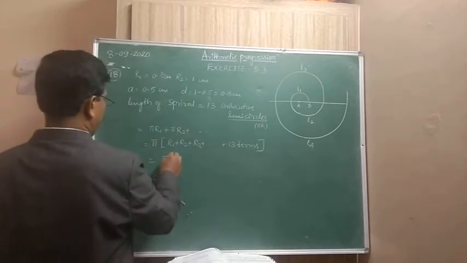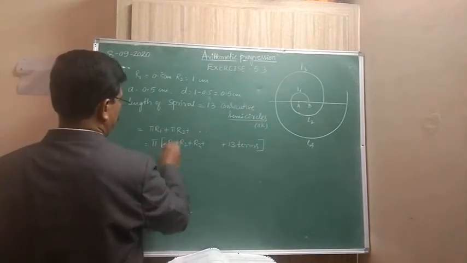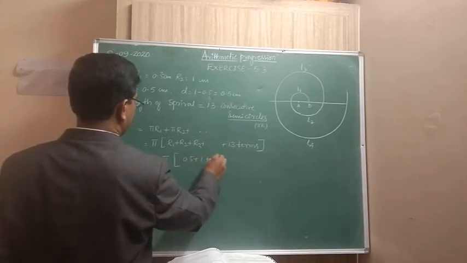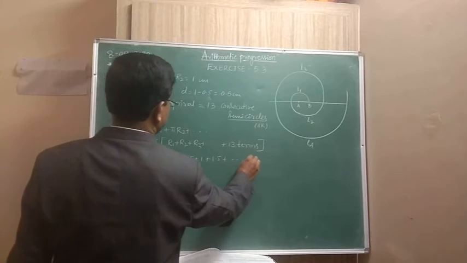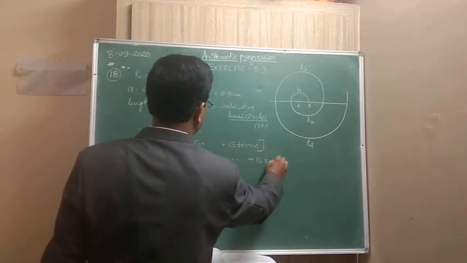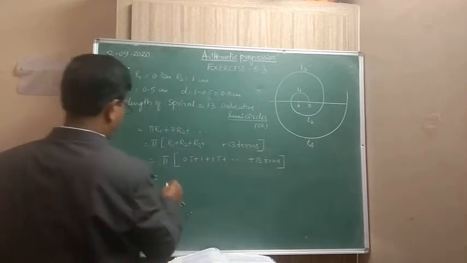Now pi into r1, r2: 0.5 plus 1 plus 1.5 plus etc. plus 13 terms.